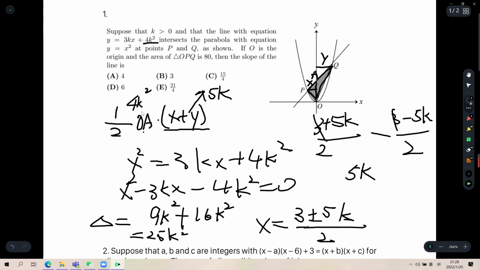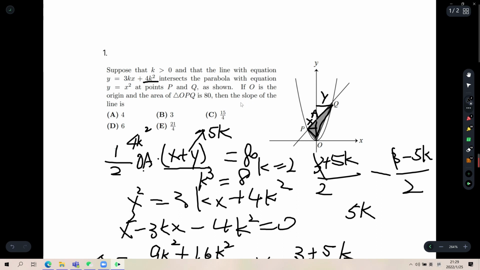And now the area equals 80. So that's how to solve this. We can get k cubed equals 8, so k equals 2. And now the slope of the line is 3k, so it's 6.